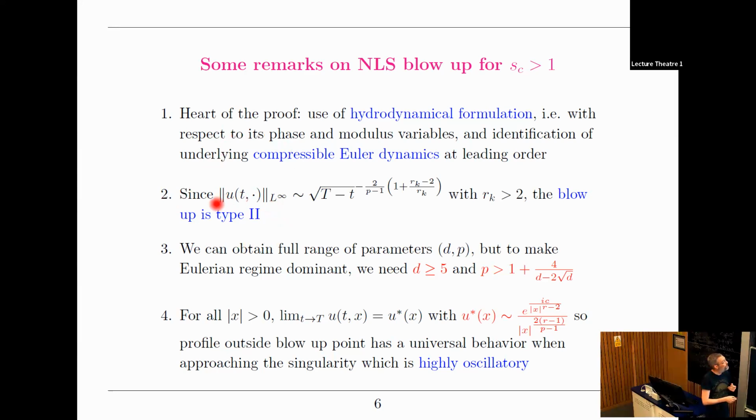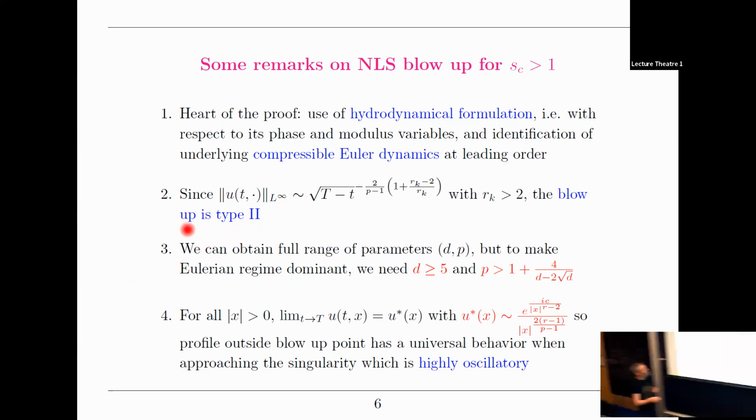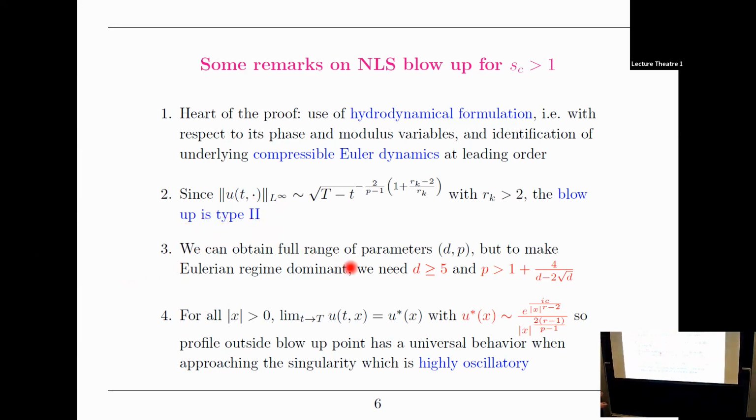Okay, so then what is the type of blow up? Here, this is not type 2 in the sense that, actually, it's also type 2 in the sense that Igor discussed, but let me make a more trivial connection with the standard type 2. If I look at the rate of blow up, the self-similar rate, which is type 1, corresponds to Rk equal to 2.